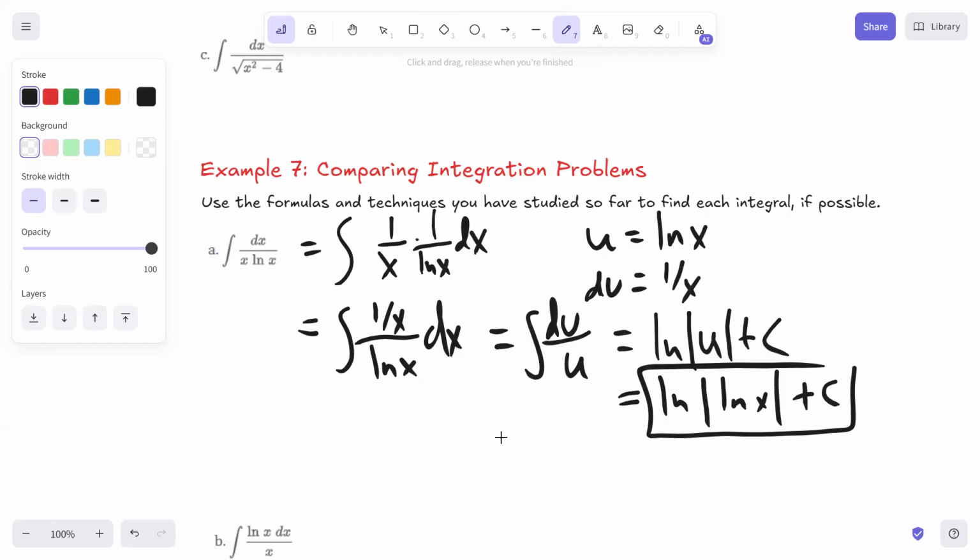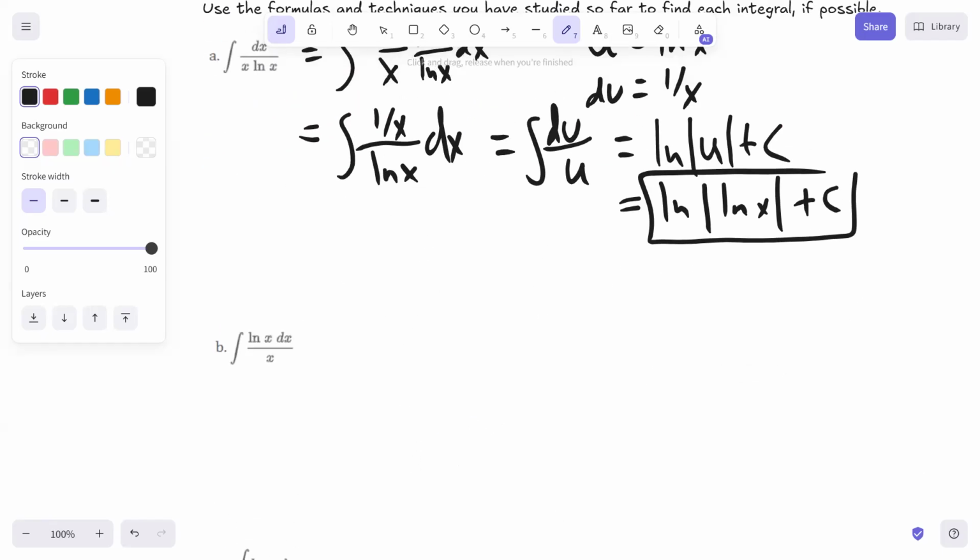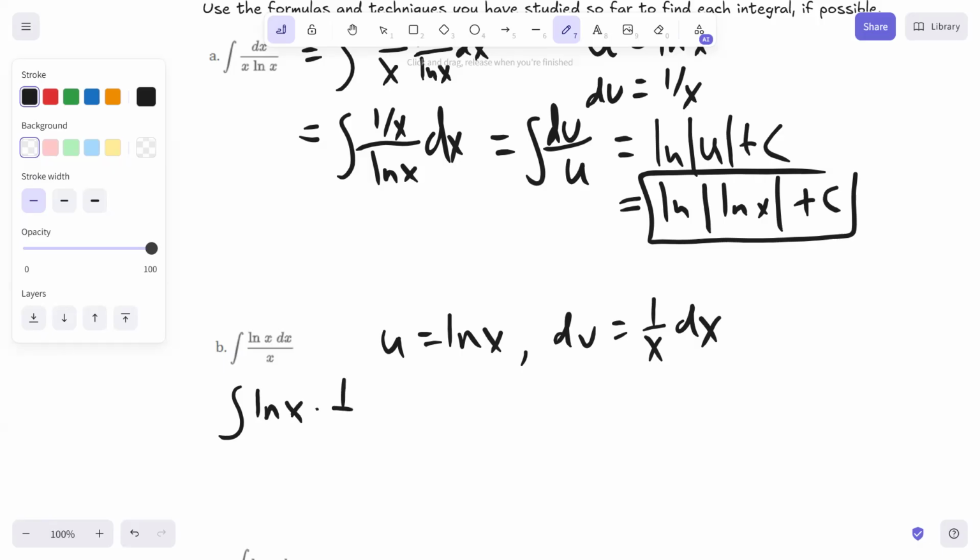Okay, so this next one is natural log x over x. You might be thinking the same thing here, where u is equal to natural log x, and then du is 1 over x dx. If you rewrite this, you would have natural log x times 1 over x dx.